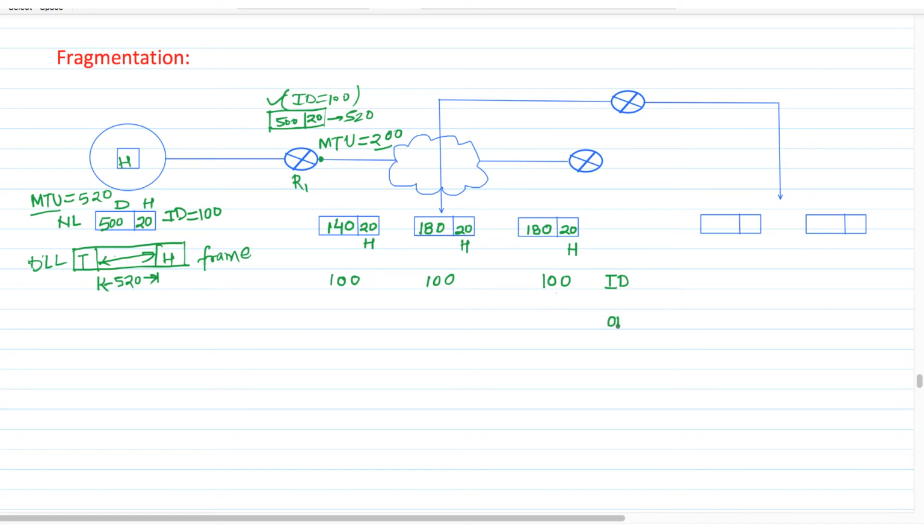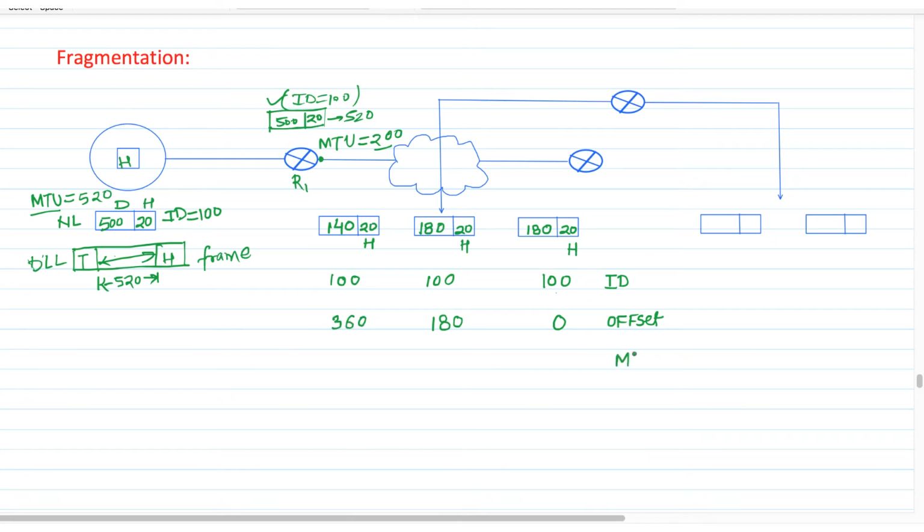The offset value basically represents the number of data bytes ahead of that fragment. For the first fragment, how many data bytes are ahead? It is 0, so the offset is 0. For the second fragment, 180 data bytes are ahead, so the offset will be 180. For the third fragment, the offset will be 180 plus 180, total 360.